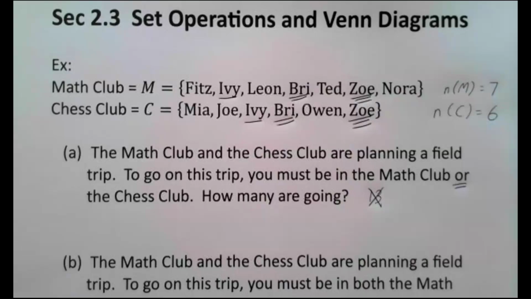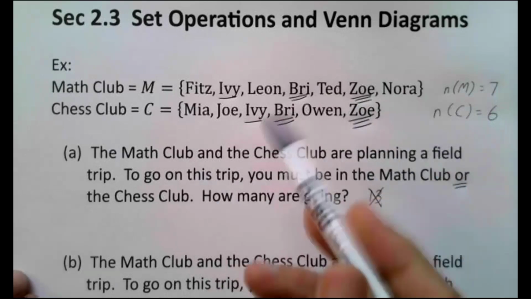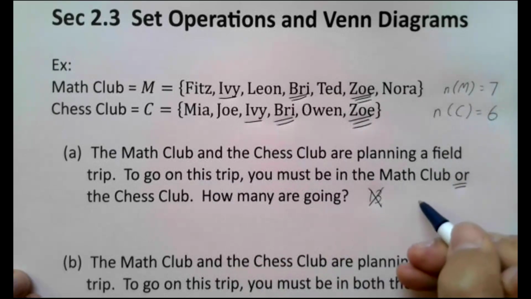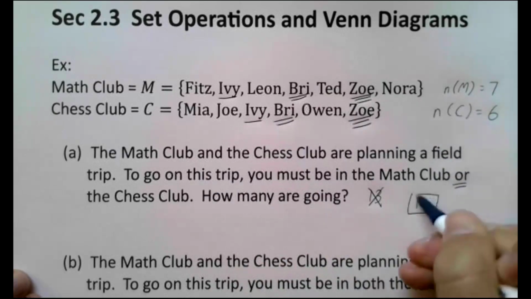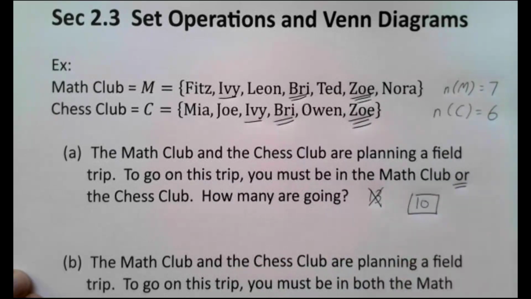We don't need to buy 2 tickets for Ivy. We don't need to buy 2 tickets for Bree. We don't need to buy 2 tickets for Zoe. If we bought 13 tickets, we'd have like 3 extra, I think, because we double counted some people, right? So since there's 3 people in the overlap, I think there's actually only 10 people that are going on this trip, right?